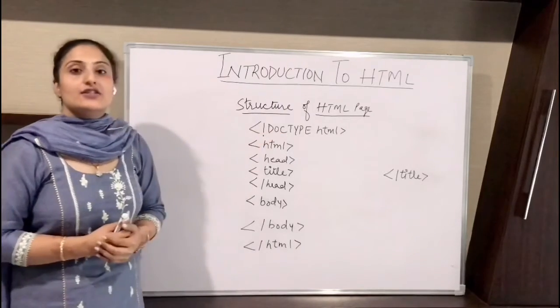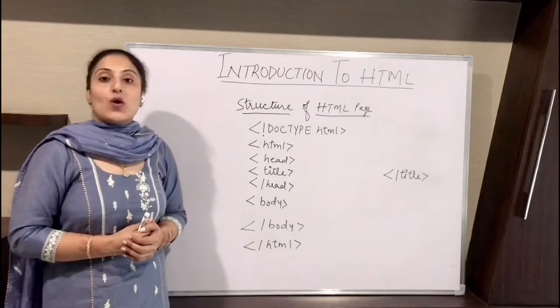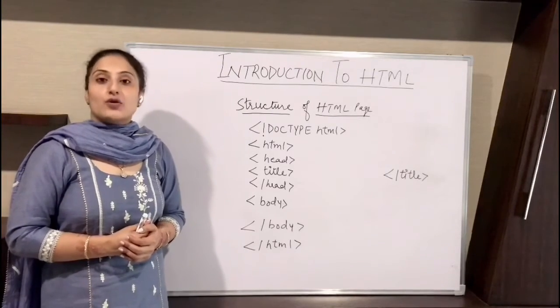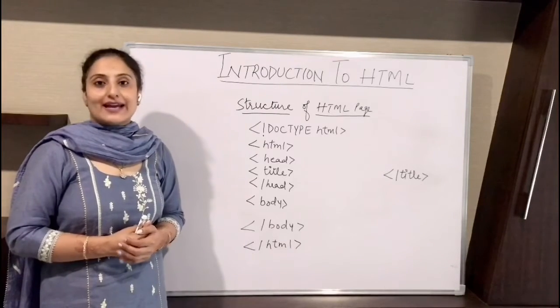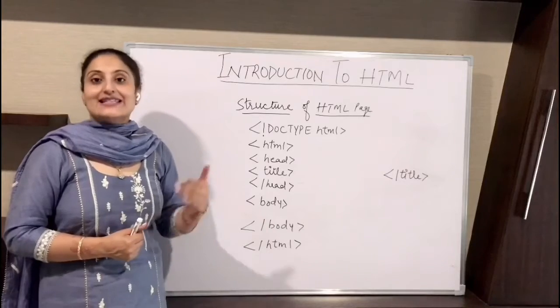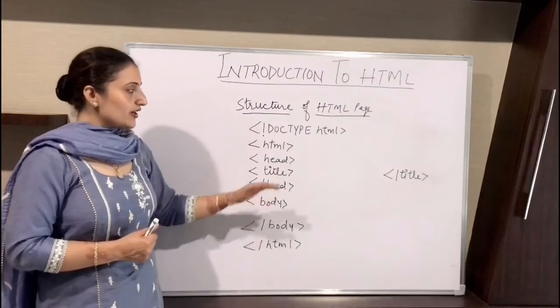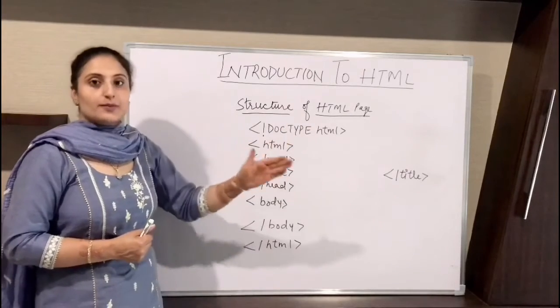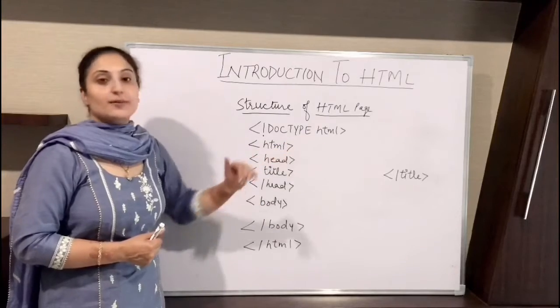This tag is used to inform the browser in advance what type of document the browser is going to process, so that the browser can adjust the processing settings accordingly. Here in this structure, we are telling the browser in advance that the browser is going to process an HTML document.